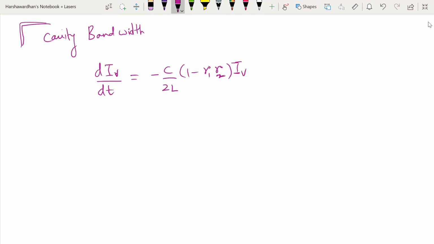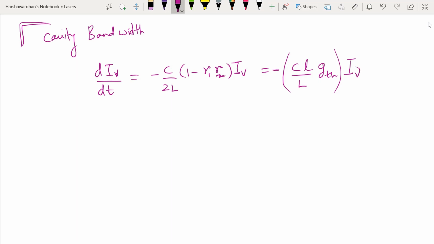You'll also quickly recognize that this can be written in terms of the threshold gain condition. So I can write this as c times small l by capital L, and identify that c by 2 small l times 1 minus r1 r2 is my G threshold, and this times I nu.